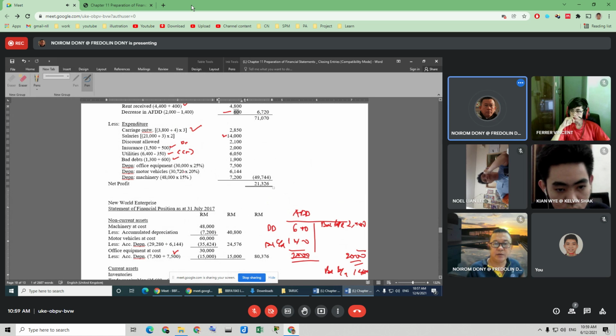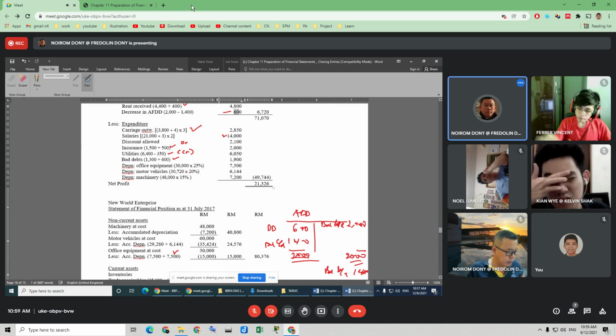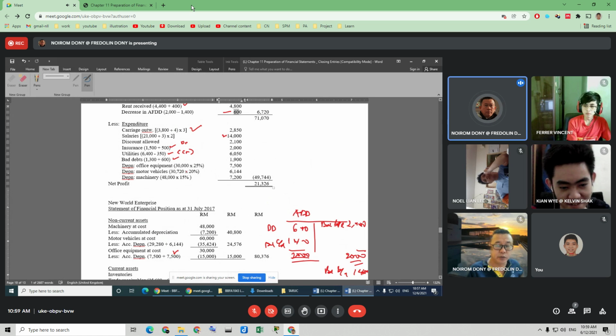Motor vehicle, also the same thing. Motor vehicle is 20% using reducing balance. Using reducing balance, meaning the cost of your motor vehicle, 60,000, you minus with 29,250.